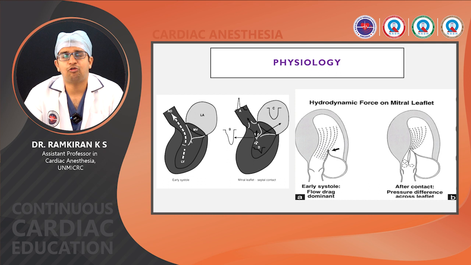The hydrodynamic force during early systole, as you can see, the jet is directed posteriorly because of all these disturbances. There is a posterior and laterally directed jet, causing a flow drag which is dominant during early systole, and because of this there is a contact between the anterior mitral leaflet and the septum, causing a pressure difference in the outflow, leading to the hydrodynamic force in the later part.